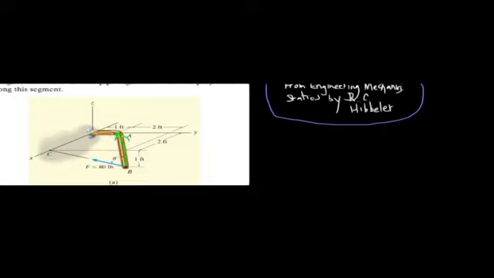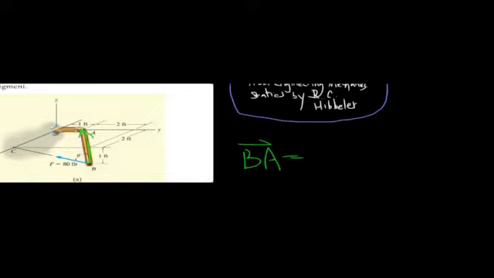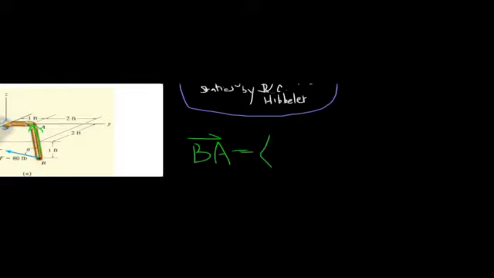So it looks like it has a z component of, it goes up 1 foot. So the vector BA is equal to, z component looks like it went up 1. I should write the units. Feet.